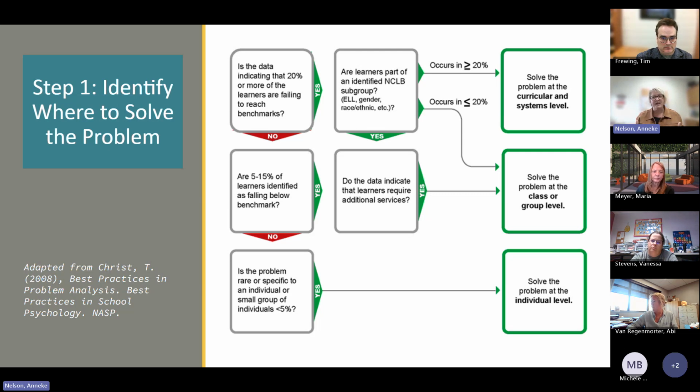So what we want to do then is take a look at the curriculum and instruction and make decisions about what might be happening there. First, we would look at your benchmark data. If you don't have benchmark data, that's okay. You can use other data from your classroom. You could look at your Smarter Balanced test scores and break them down by grade level.